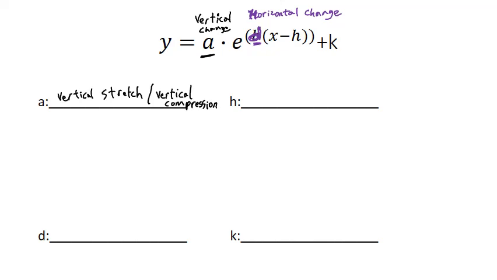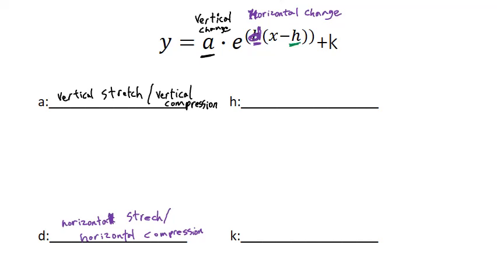And from what we looked at before, this change is going to either produce a horizontal stretch, or it's going to produce a horizontal compression, depending on what the number is.